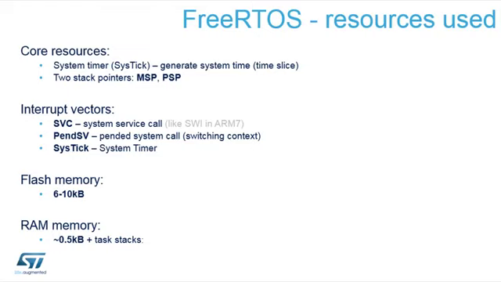So if you want a really minimal one, you will probably just use queues and mutexes and nothing more. But if you want a full-featured FreeRTOS kernel, it will be a little bit bigger. In terms of RAM, it will allocate approximately half a kilobyte plus everything you give to the heap.